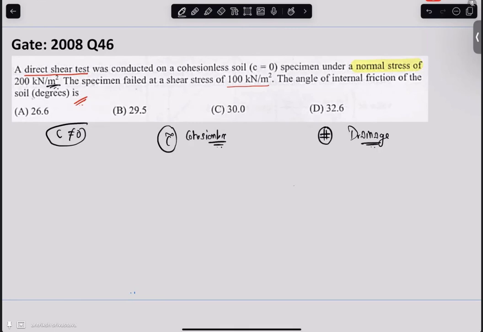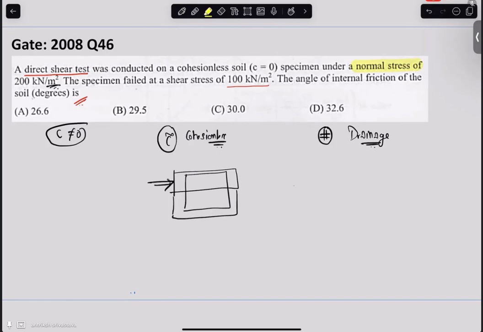Then why did we say it is a quick and dirty way to get the shear strength? That is because this was our soil sample, and we encased it into two blocks of steel and applied load.